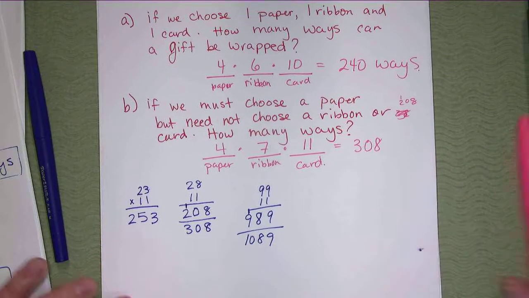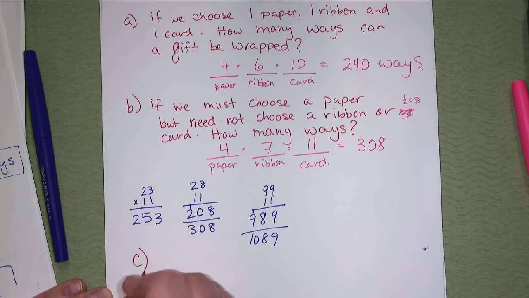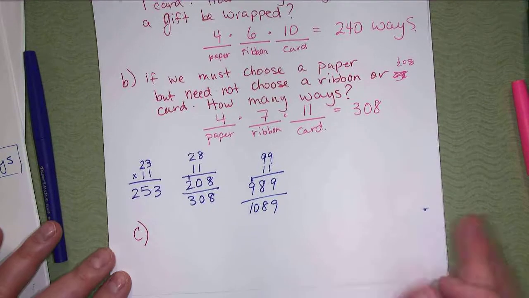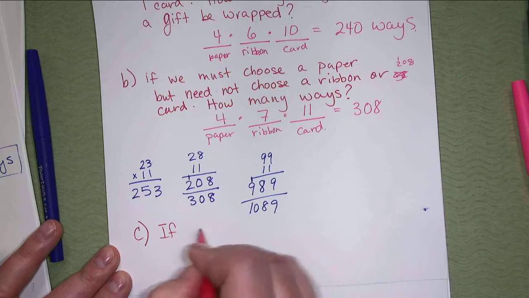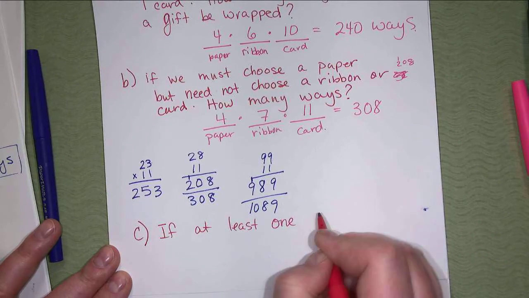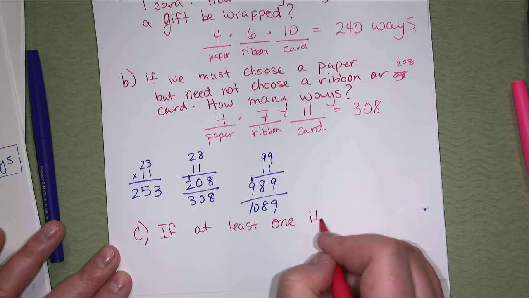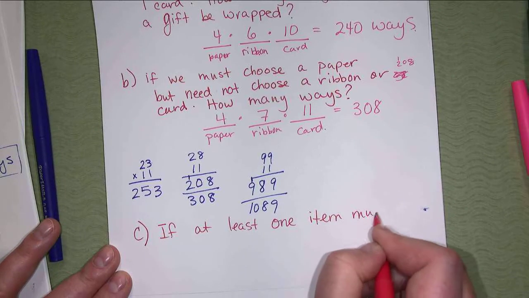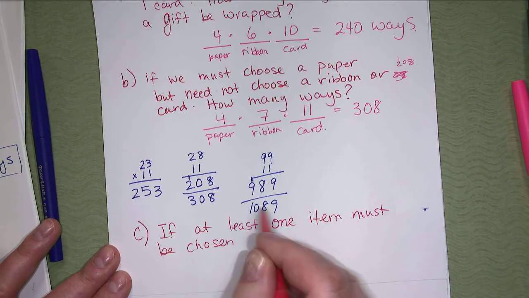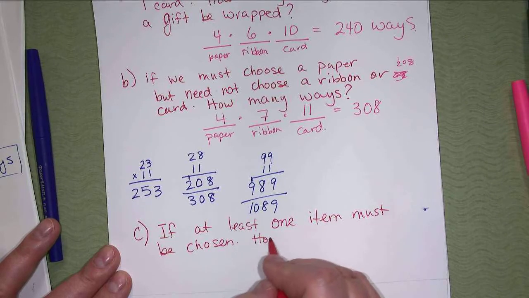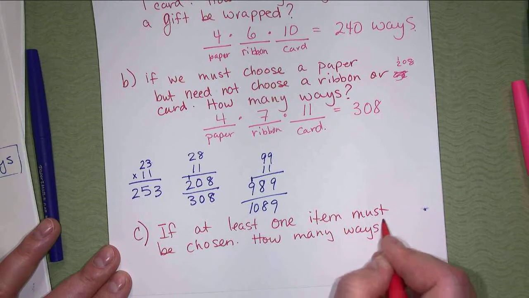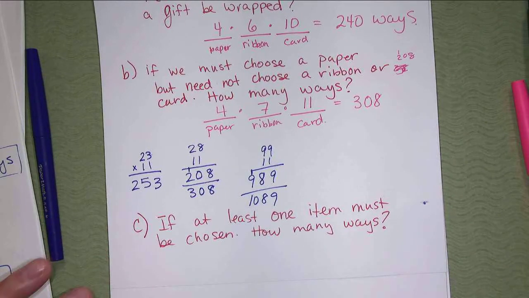Okay, C. If at least one ribbon, paper, or card must be chosen, how many ways? No. What's the difference?